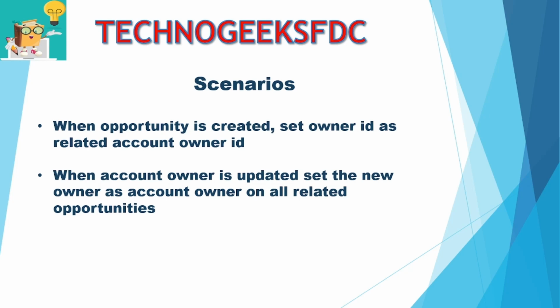Why before context? Because we have to update a field on the same record which is initiating this trigger. And since it is asking for creation, we will be using insert. So overall, we will be writing a trigger on opportunity with the before insert event.